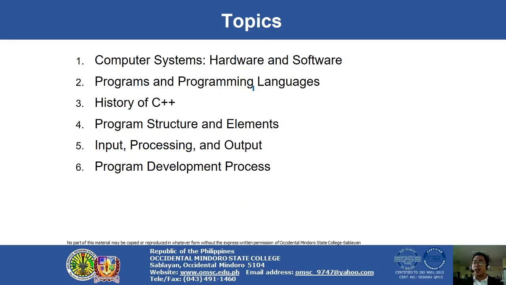Ano-ano ba yung mga iba't ibang klaseng languages and the history of the C++ programming, ano ba yung algorithm, what is a low-level language, what is a high-level language, what else, ano ba yung structures ng elements natin, the process output, ano ba yung program development process. So, that would be in the next tutorial lessons.